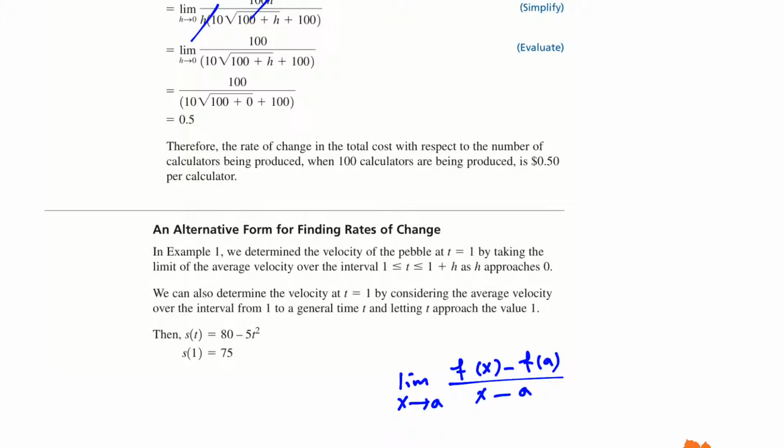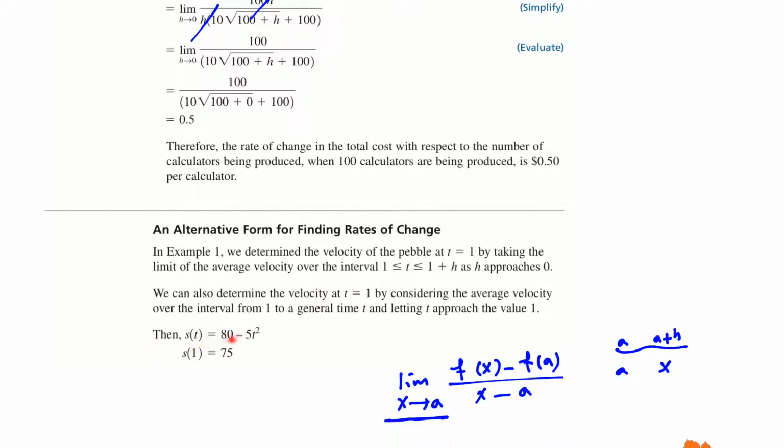Instead of using a and a plus h in our previous formula, we use a and x. And we say x must be close to a. This is called an alternative form of finding rate of change.